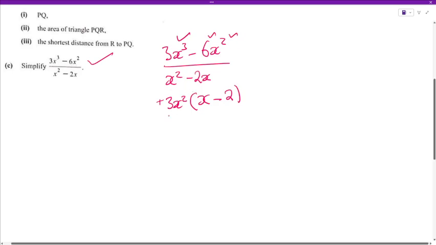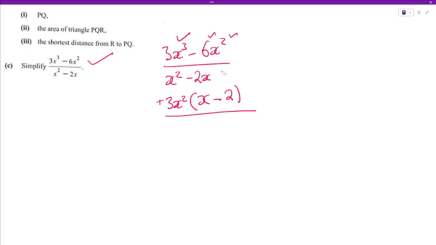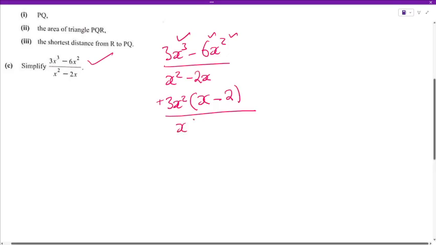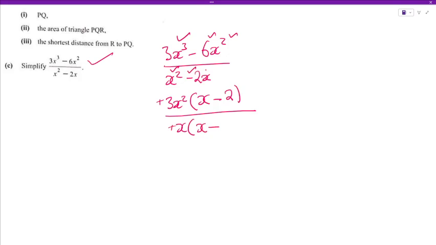If you go to the denominator, you also notice the x is common there, so you can factorize using the x. So you're going to say x, open bracket, what is x squared divided by x? It gives you x. This negative divided by the positive there gives you a negative. 2x divided by x, the x's will cancel, remain with a 2. At this point, you notice you have some identical values.